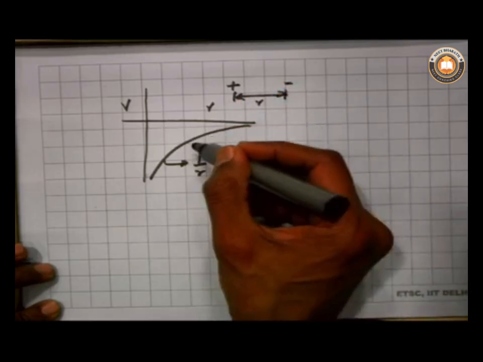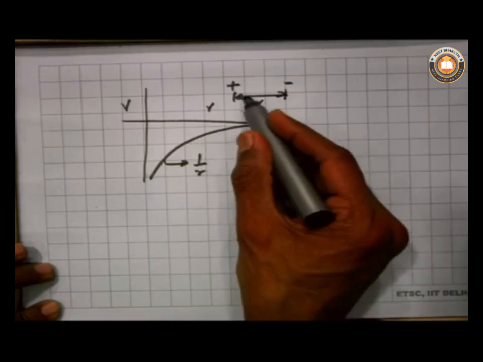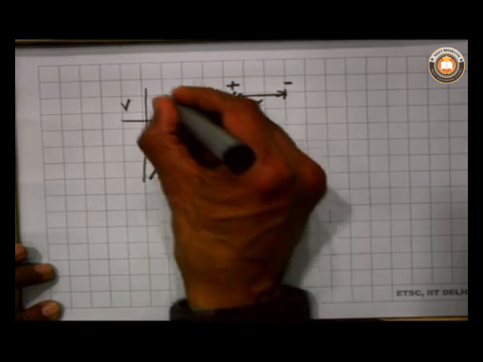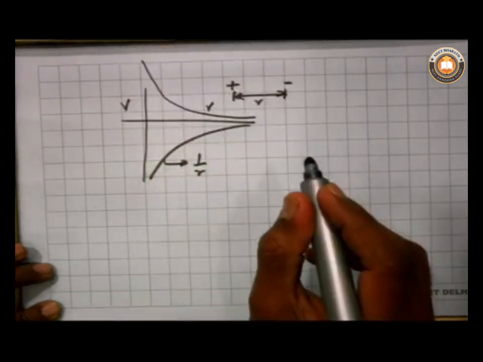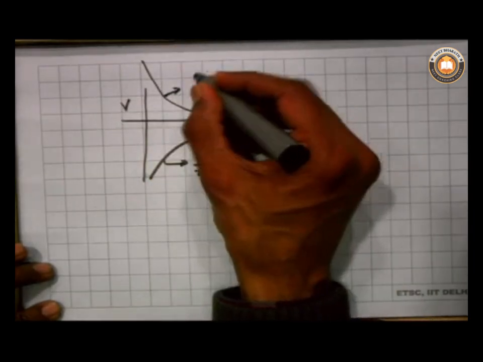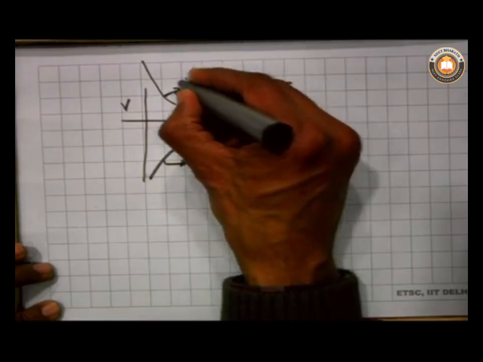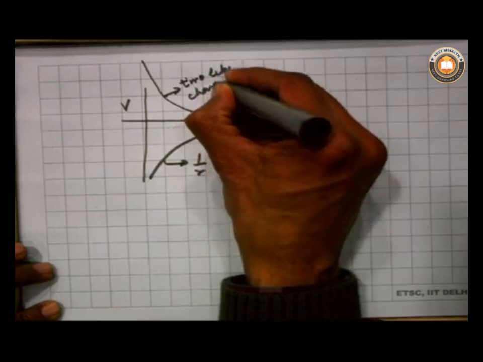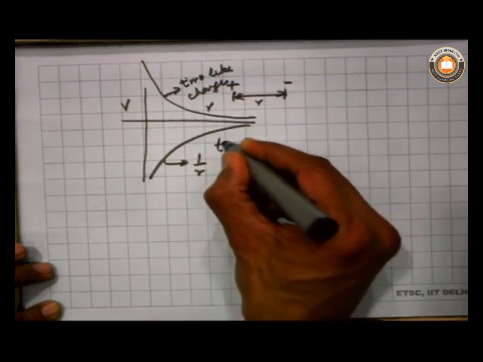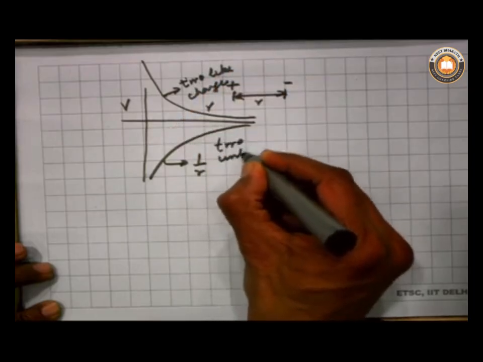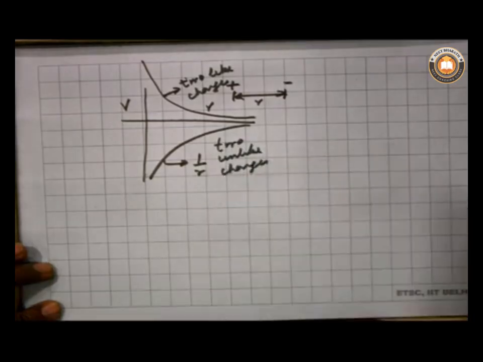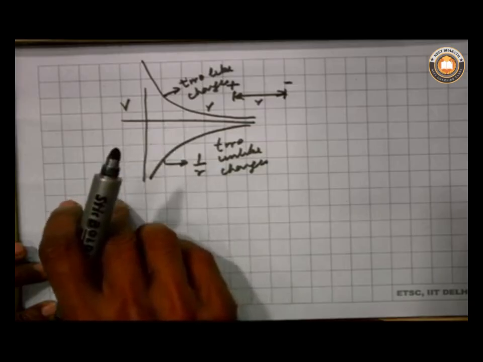So, this is an attractive interaction. If I have two positive ions, then obviously I have a repulsive interaction like this. So, this is for two like charges, and this is for two unlike charges. So, there is this attractive potential.